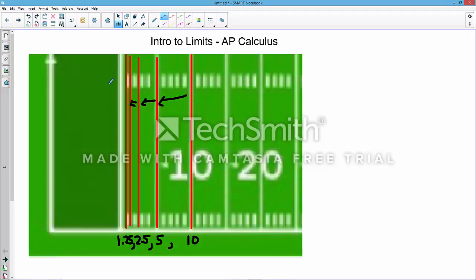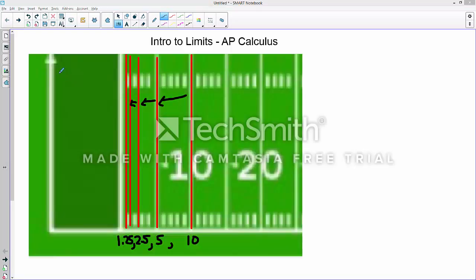So the limit is not what you actually get to, but the limit is the place you will eventually reach if you could do it an infinite amount of times, which you can't do. So it's the number you're always approaching, but not actually getting to.